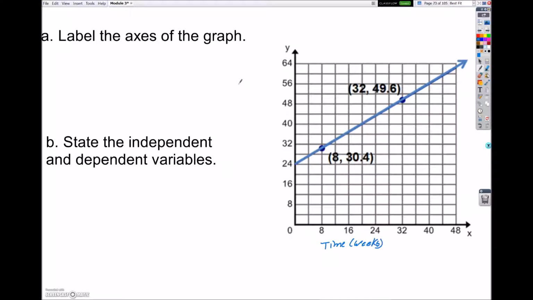And the dependent variable is length, in inches. It's very important to label what units we're using. The independent variable is time and the dependent variable is length, because the length of the snake depends on how much time has gone by.